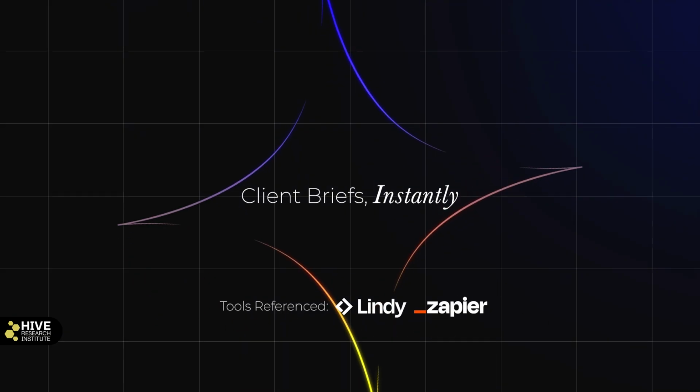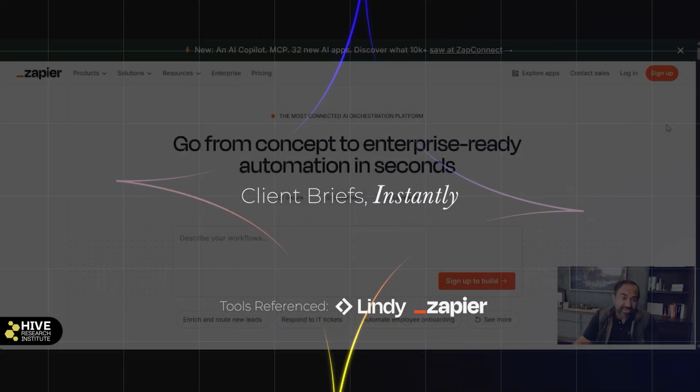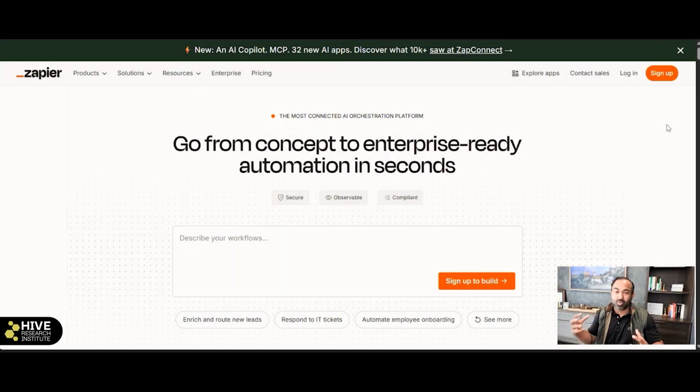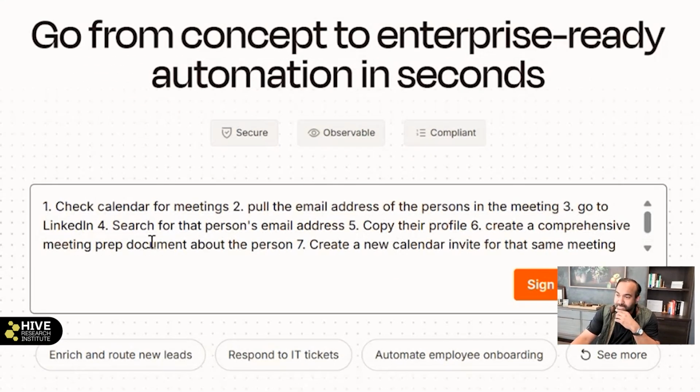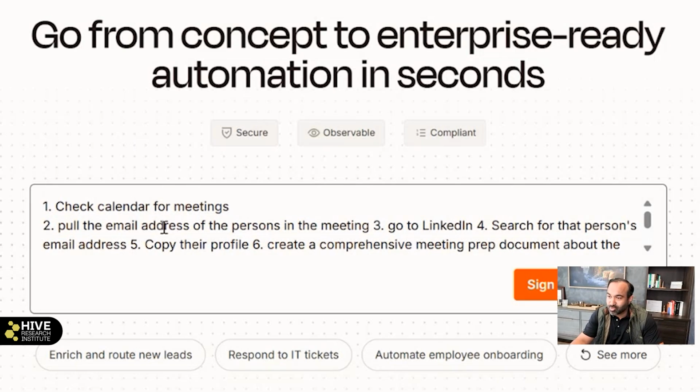Another player is Zapier. You may have heard of Zapier before. They're really big on connecting APIs. So if you have one application over here and you want to connect it to another application, they are the best player as far as the most comprehensive. So for example, step 1, check my calendar for meetings. Step 2, pull the email address of the people who are going to the meeting.